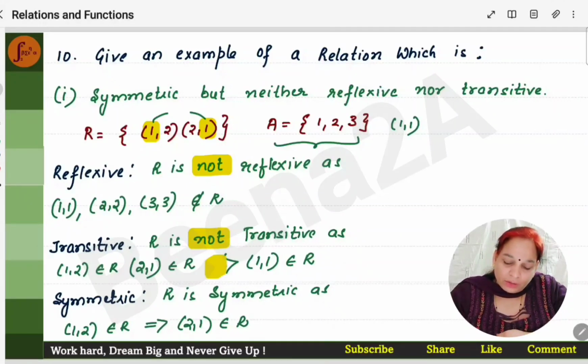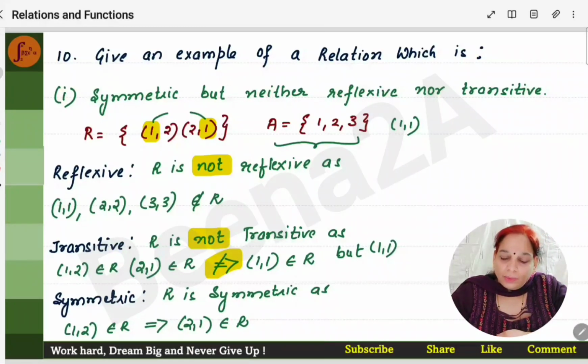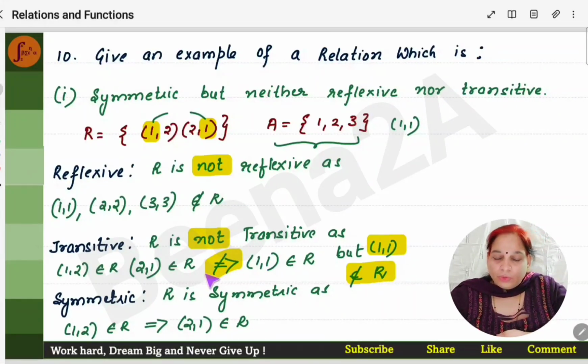You can write it as does not imply, or you can say but 1 comma 1 does not belong to R, right? You can say it like this also. You can say it does not imply that 1 comma 1 belongs to R, or you can say but 1 comma 1 does not belong to R.